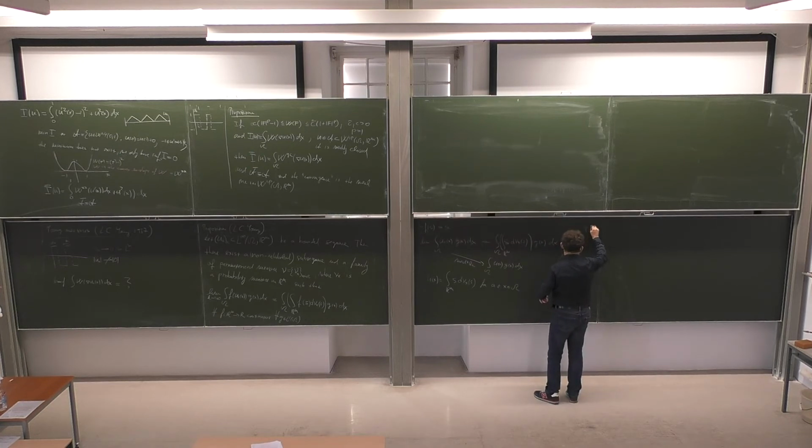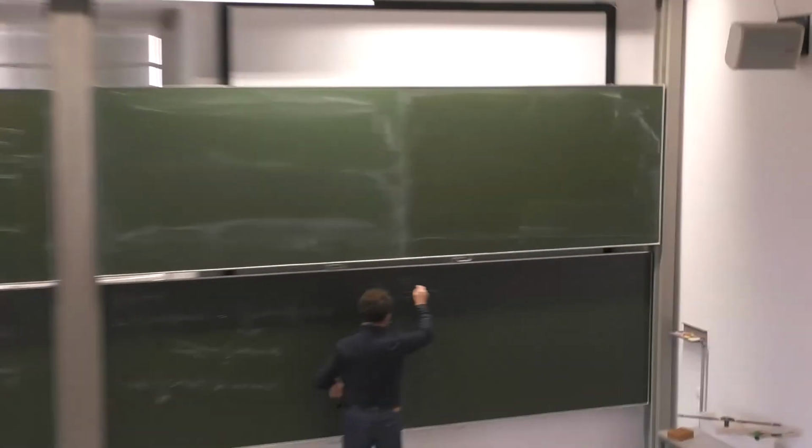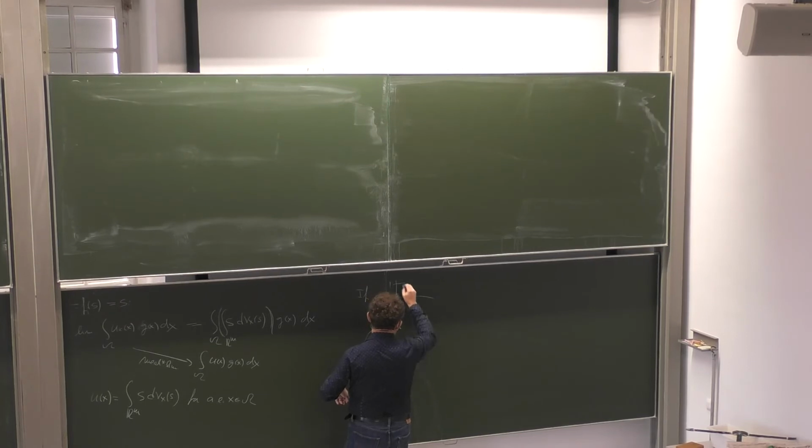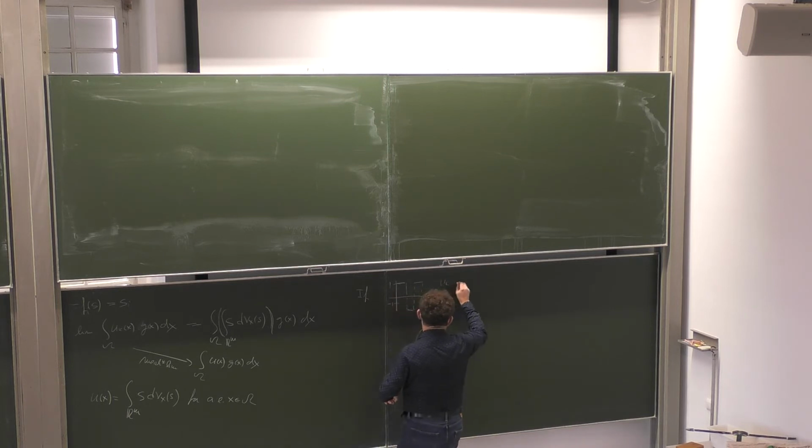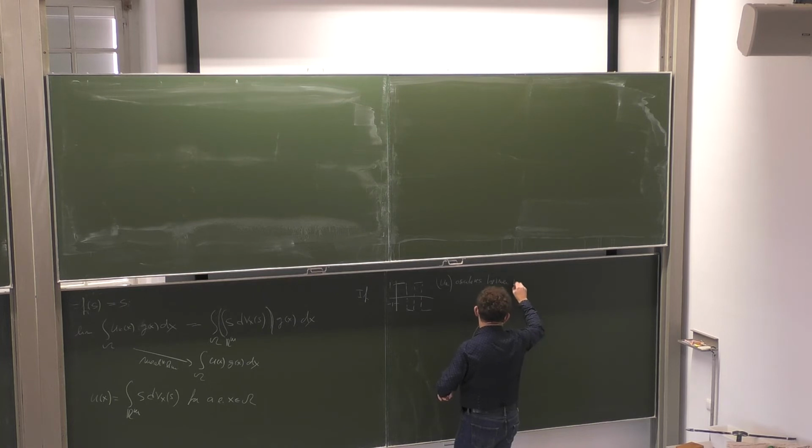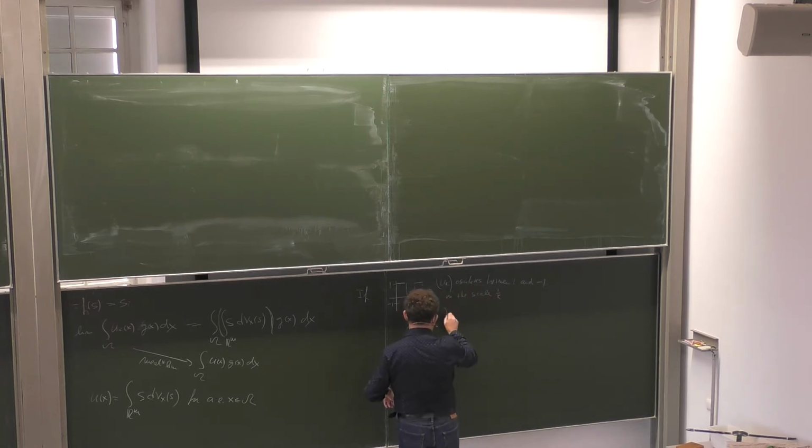So if the sequence is like this, I mean, u_k oscillates between 1 and -1, then on the scale 1/k, ν_x is half of the Dirac at -1 plus half of the Dirac at +1.